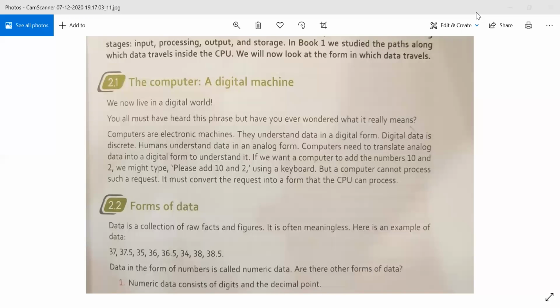And now we know that computers are electronic machines. You all know that computers are basically electronic machines. Beta, when we are talking about analog form or digital form, if we are talking about computers, then the computer understands the data in a digital form, right?